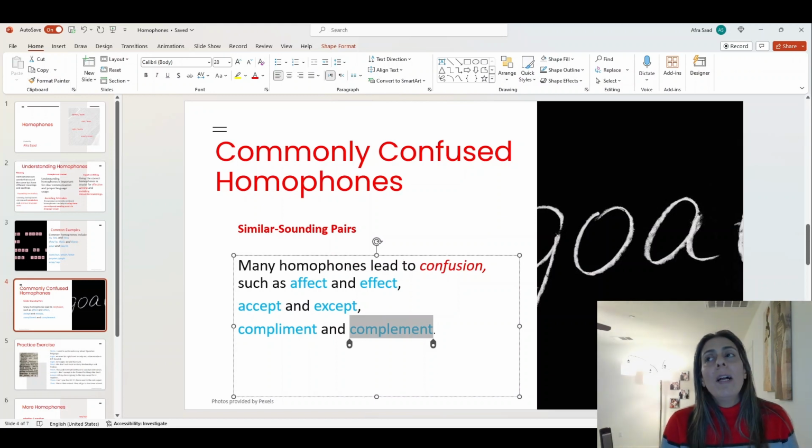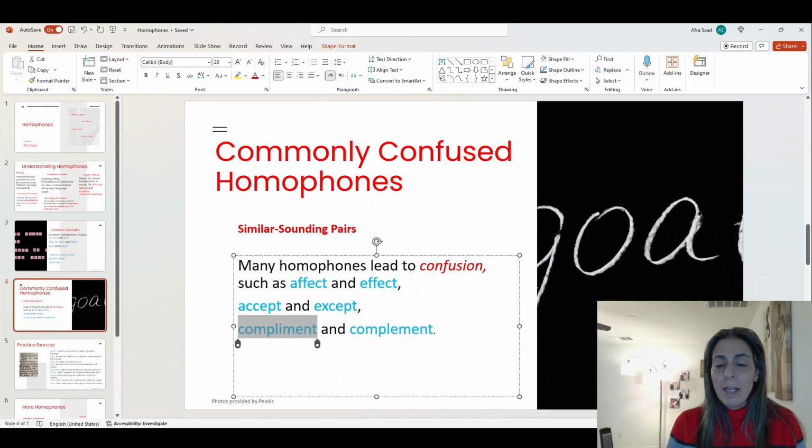So if I tell my students today you did great in the test, I'm complimenting her. Or maybe when someone says to his girlfriend, you look so beautiful today, he's complimenting her. So compliment here is saying something good about something or someone, and complement here is being part of and completing this part.